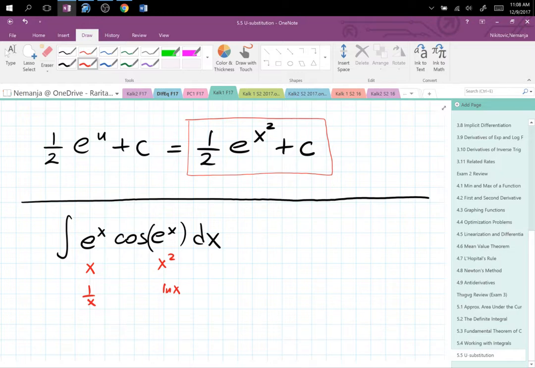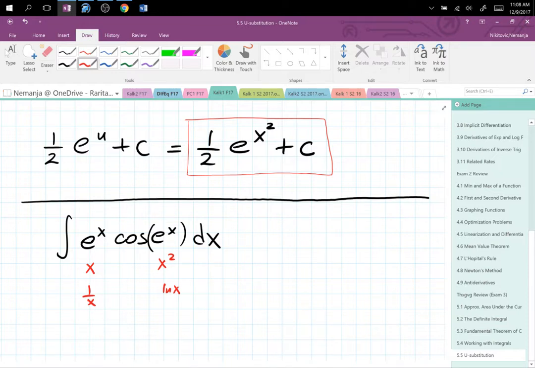And here's your function e to the x, and here's its derivative, also e to the x. But this problem could be the same if I had cosine of x squared, in which case I'm requiring x here, or cosine of ln, which means I need 1 over x. Whatever you put here, its derivative needs to be in front for this method to work.